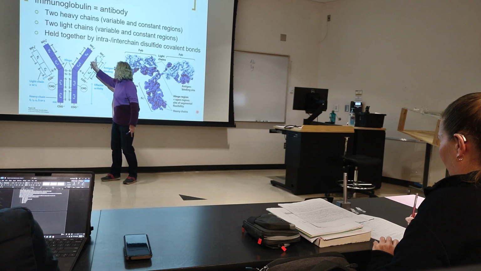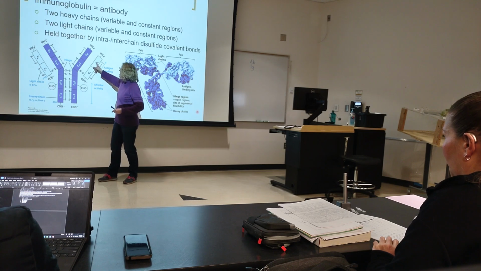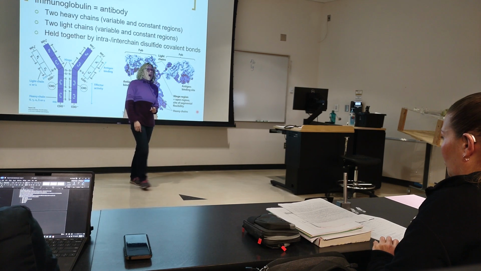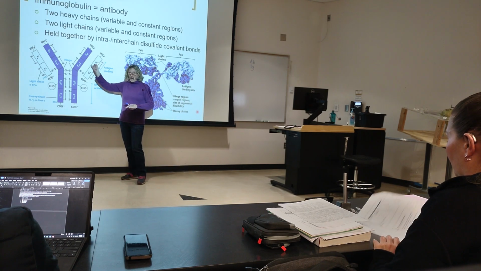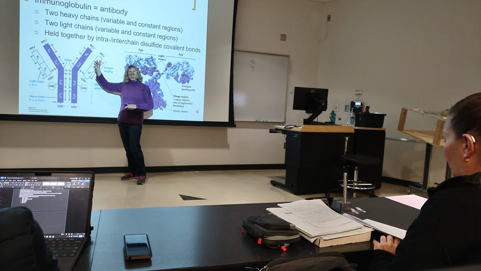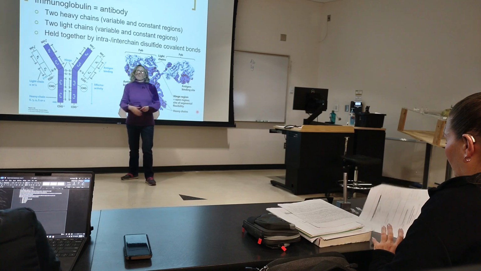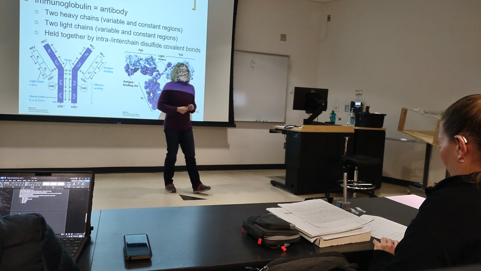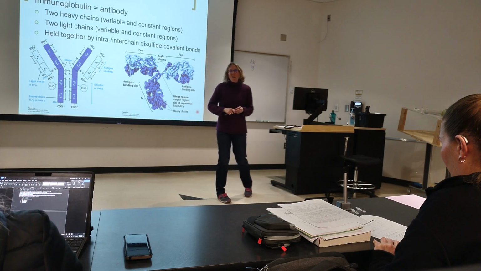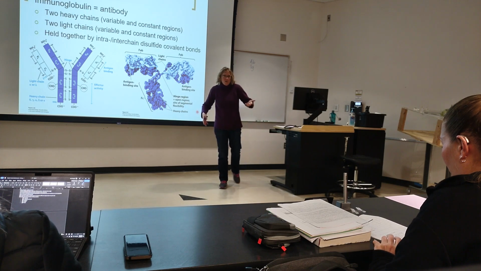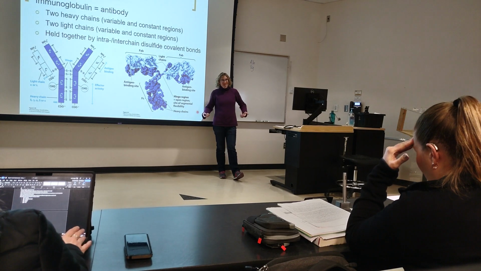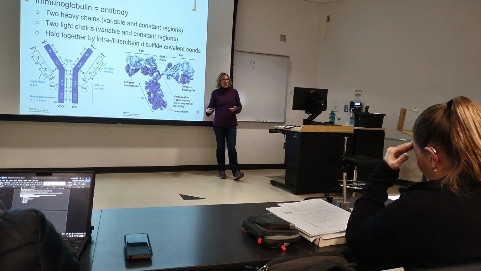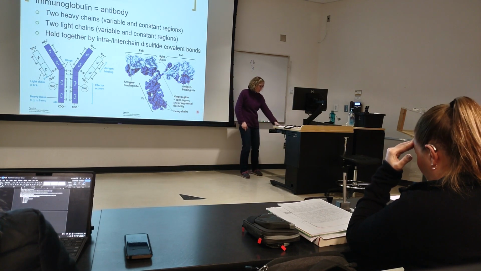There's a constant region for the light chain, there's a constant region for the heavy chain. The V stands for variable. It means we're going to mix and match pieces and parts of proteins to make the variable regions. This is going to dictate what antigens I can bind. So constant regions don't change. They act as anchors. Variable regions do change. Those are what are going to actually contact antigens.